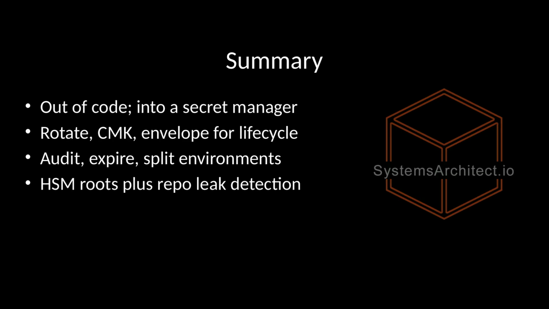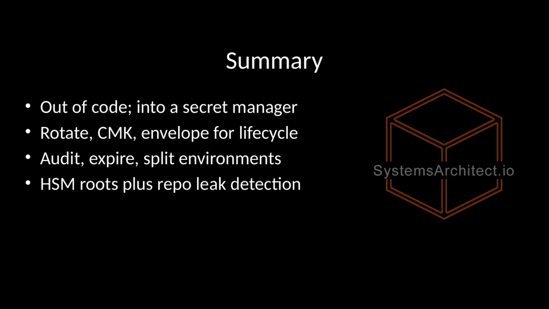To wrap up, keep secrets out of code and centralize them so you gain access control, rotation, and audit you cannot get from ENV files alone. Automatic rotation, customer managed keys, and envelope encryption shrink exposure while keeping encryption fast at scale.